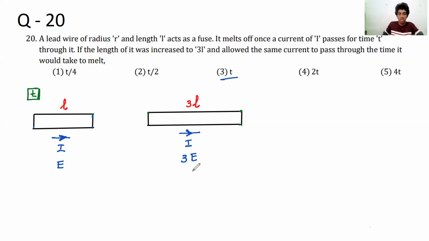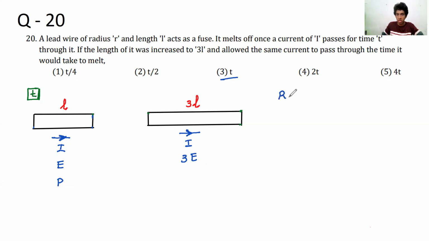Then let's consider the rate of heat energy produced at the first instance as P, or the power as P. And now let's try to find the rate of heat produced at the second instance.